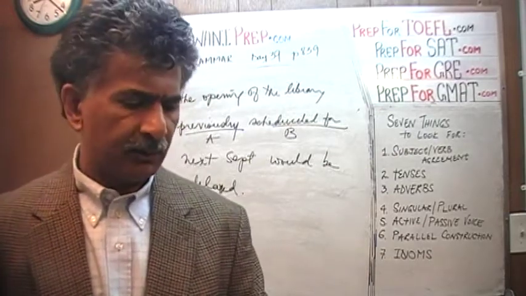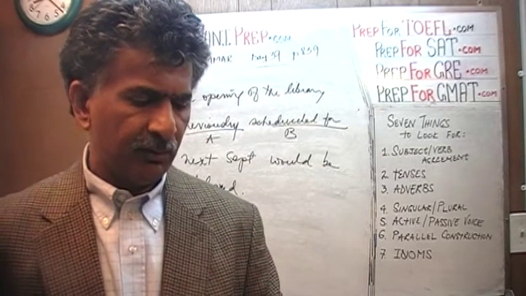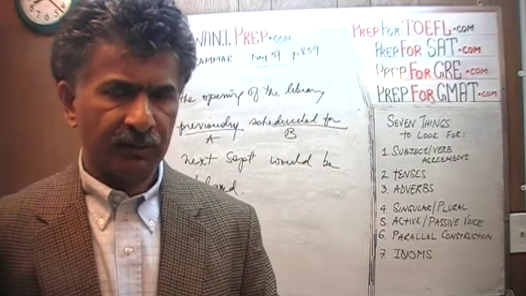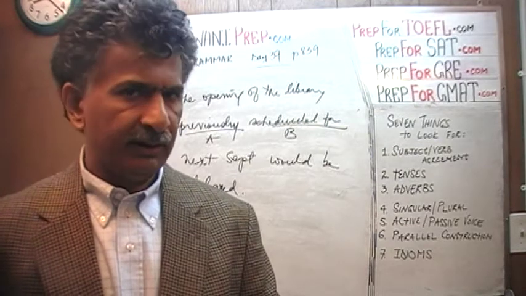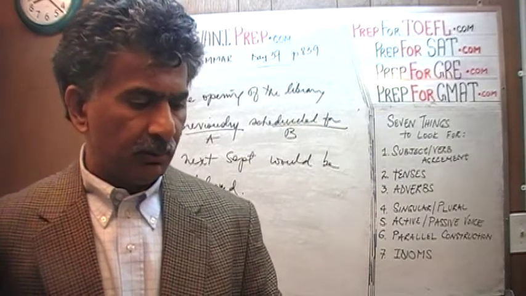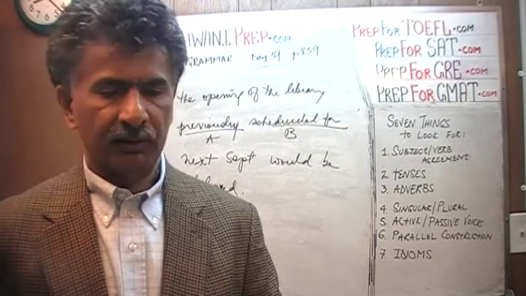It will be delayed for several months because of construction difficulties. The ending of the sentence is fine. There is nothing wrong with it. It has been delayed for several months because of construction difficulties.